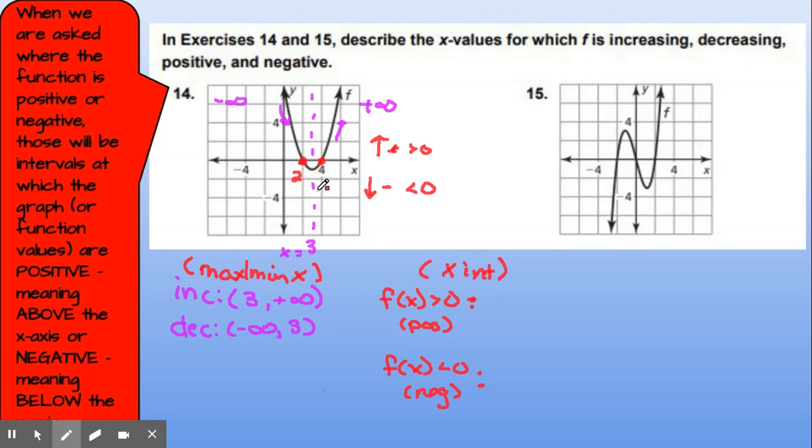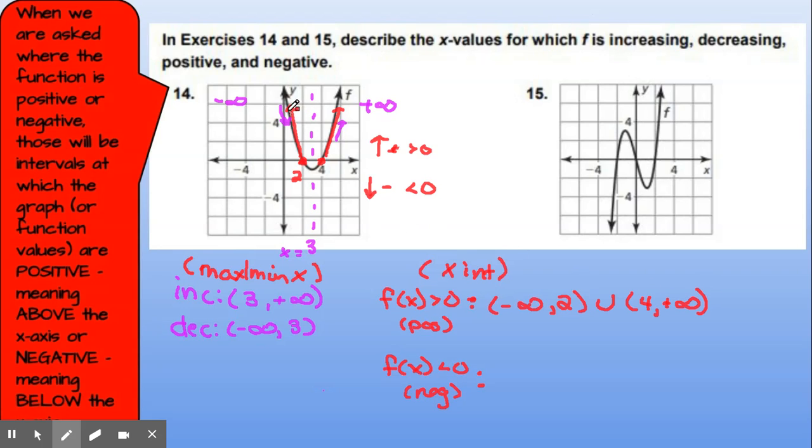So the graph is, excuse me, positive on this side here and this side here. So it's positive from negative infinity, we're still talking about that left-hand side, to a 2, and from 4 to positive infinity.